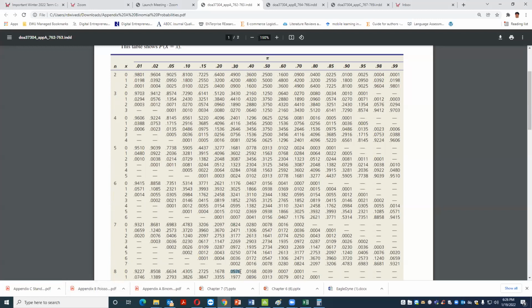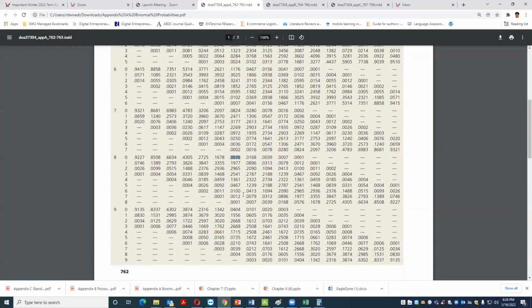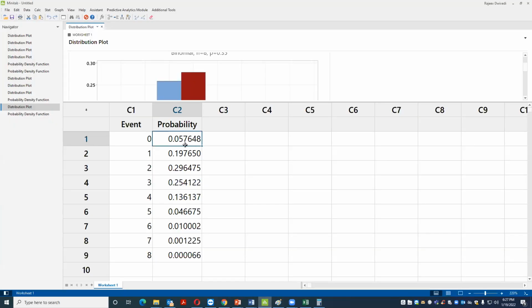Look into this: 0.05, 0.19, 0.29, 0.25. This is our distribution for N equal to 8 and pi equal to 0.3. Look, exactly the same, 0.057, 0.19.